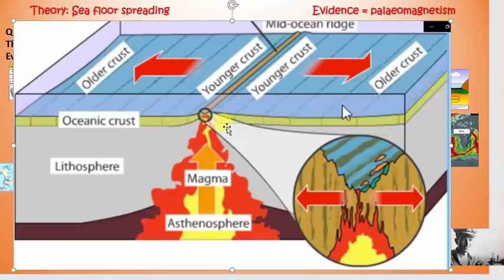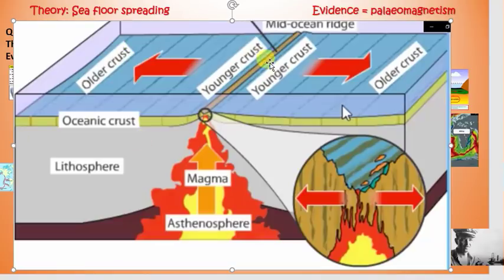Now, what you find is, as you move away from this mid-ocean ridge, you get an alternating kind of pattern that's symmetrical between iron in the rock that faces north and iron that faces south, and it alternates.